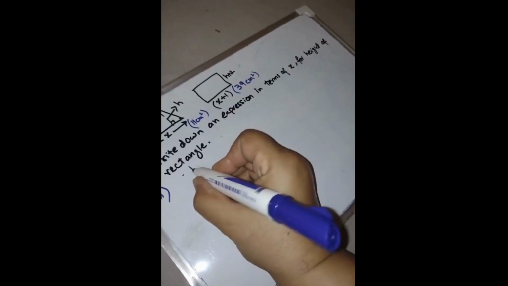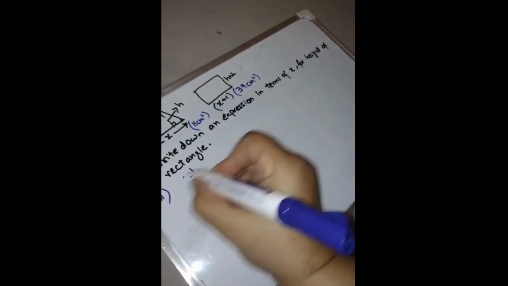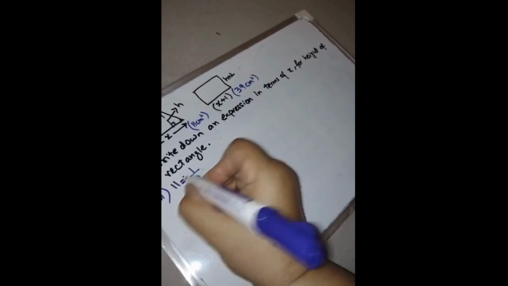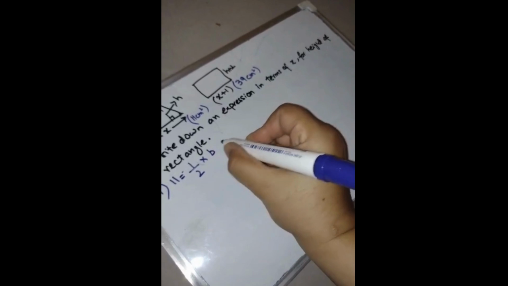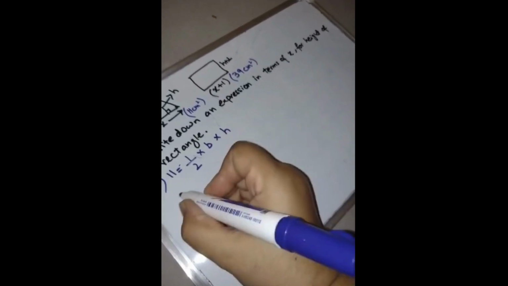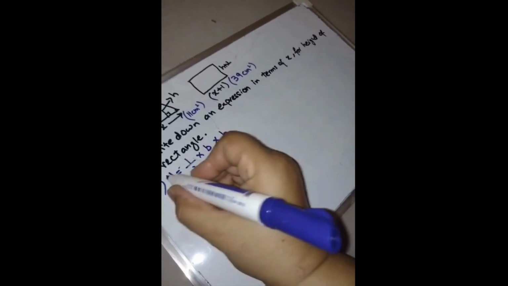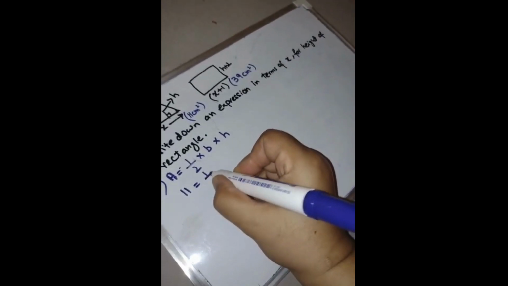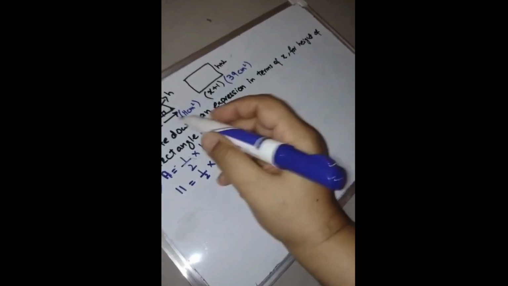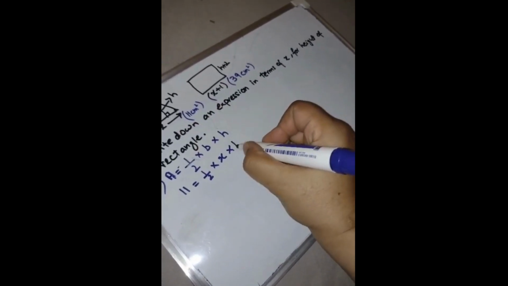We know that the area of a triangle, which is 11, is equal to half times base times height. So if the area is 11, then half times base, which is x, times height, which is h.